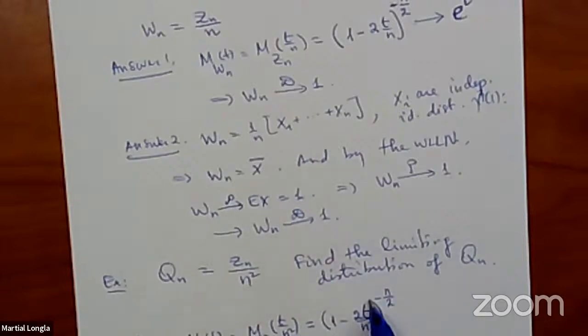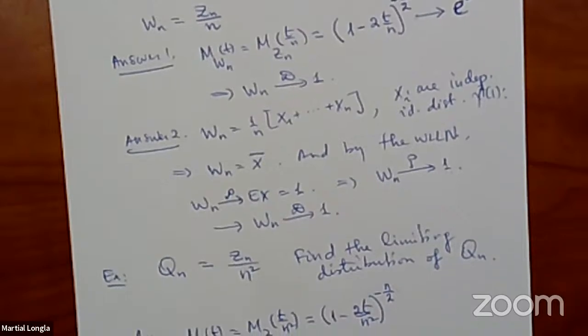The power has nothing to do with what you're plugging in here. That's alpha. So the alpha is n over 2 for the chi-square distribution. The 2 here is for the beta, which is 2 for the chi-square.